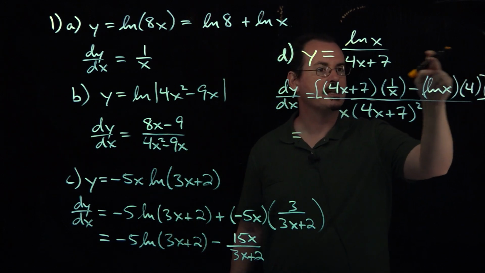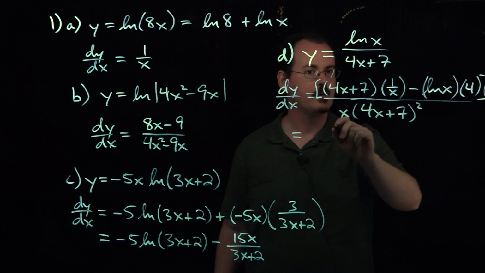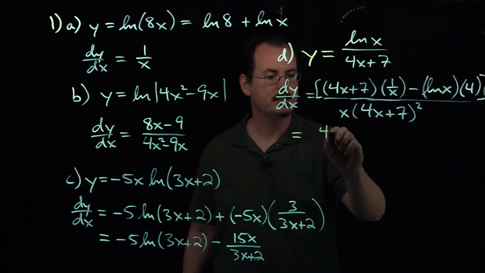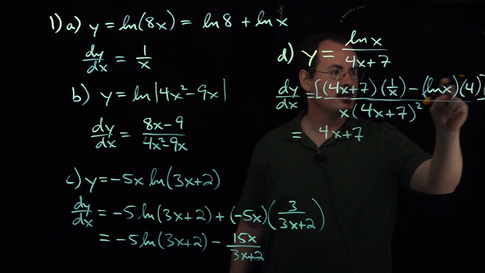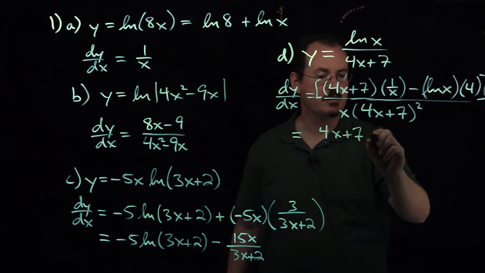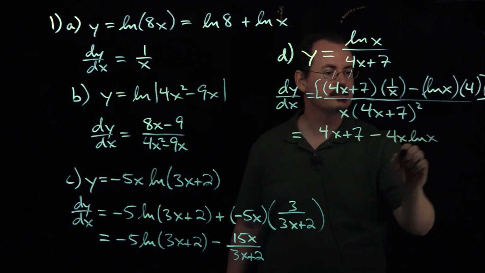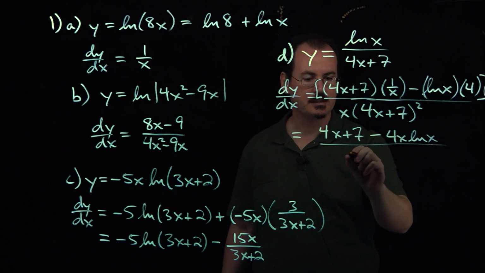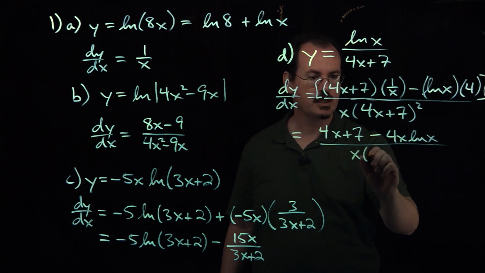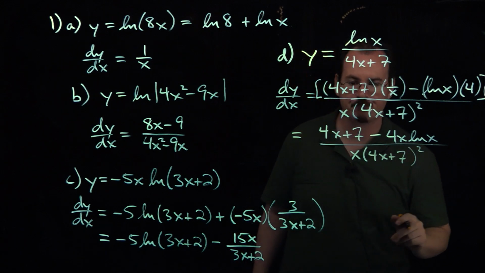Now if I distribute that x over here to this first term, it's going to cancel with the x in the denominator, so all I'm going to have left is this 4x plus 7. And then when I distribute it to the second term, I just have to multiply that whole thing by x, so I'm going to get minus 4x ln x. And then the denominator, just leave that as it is, x times 4x plus 7 squared.